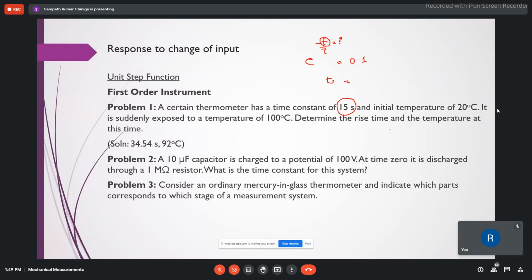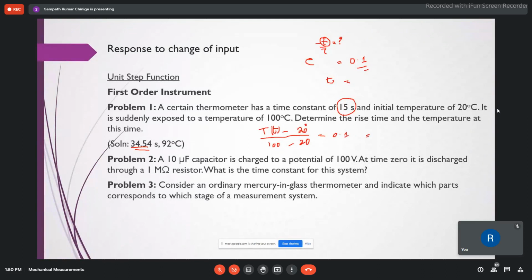Now, what is the other thing being asked? What is the temperature at this time? So we know that this value is 0.1. Therefore, T of t, at the time we have got, 34.54 seconds, minus T infinity, which is 20 degrees centigrade, divided by the sudden change, 100 minus 20, is equivalent to, at this rise time, almost 90%, so 0.1.